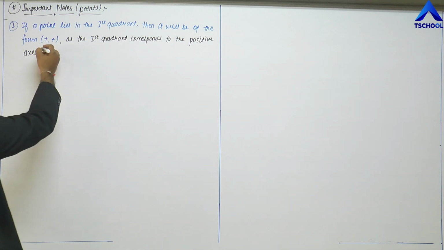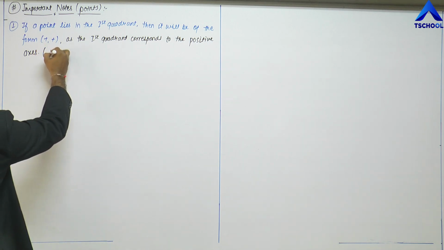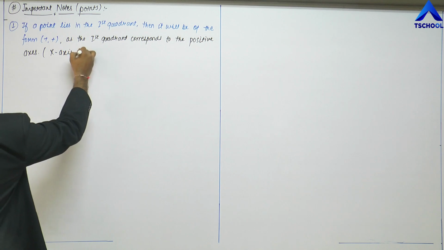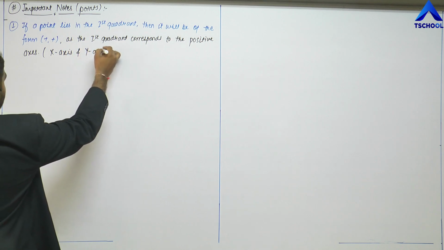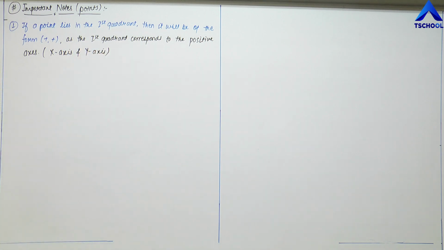Here positive axes mean x-axis and y-axis both. Positive axes, that means positive x-axis and positive y-axis both, right?